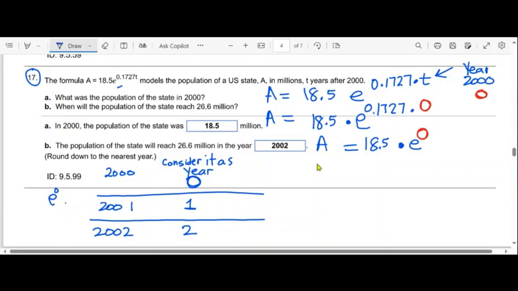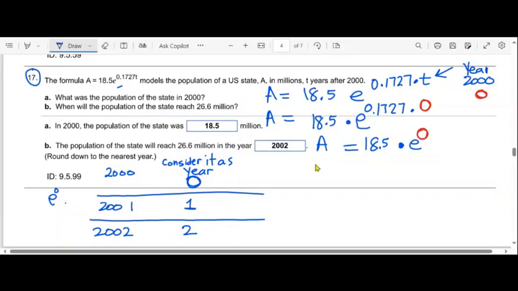What was the population of the state in 2000? And B, when will the population reach 26.6 million?